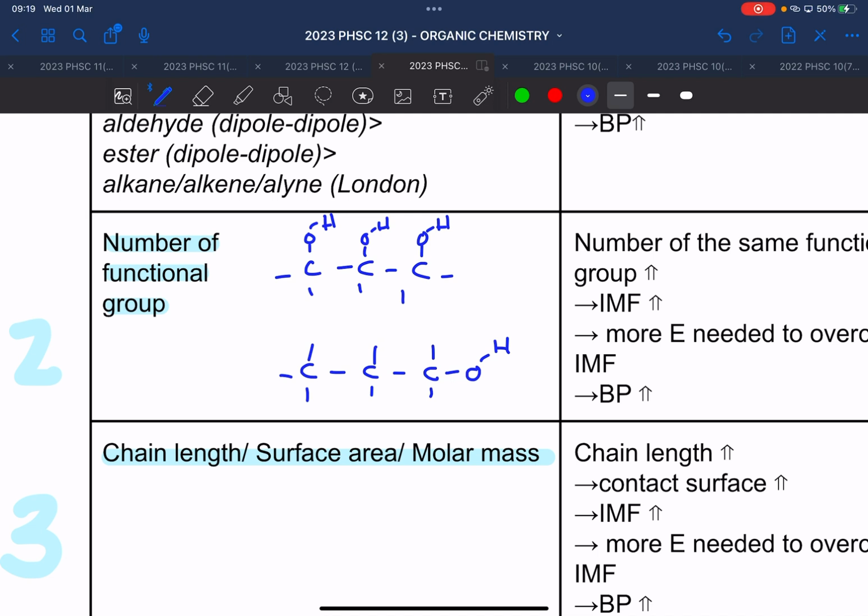The same chain length, but now this one has one functional group, this one has 3 functional groups. Which one will have a stronger intermolecular force? The second one, because here we have one site for hydrogen bonding, here we have 3 sites for hydrogen bonding. So more energy will be needed to overcome the intermolecular forces, that's how I want to put it.